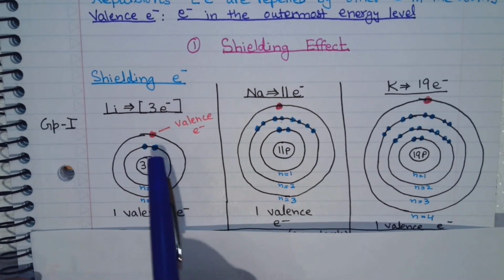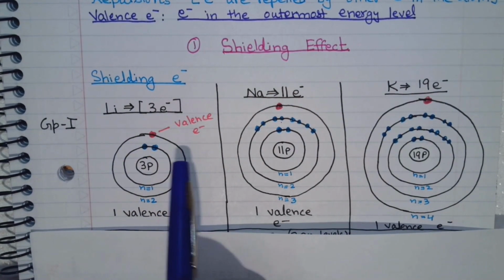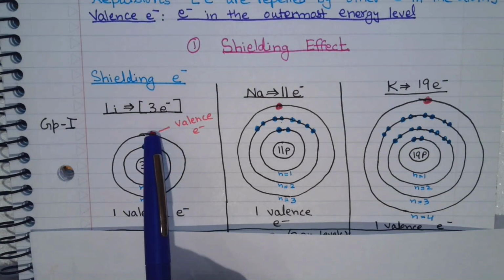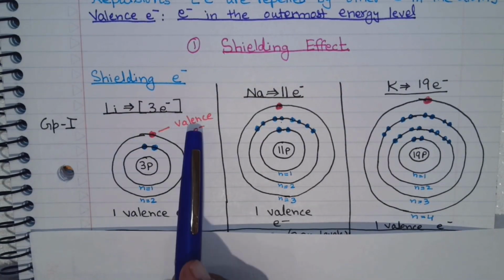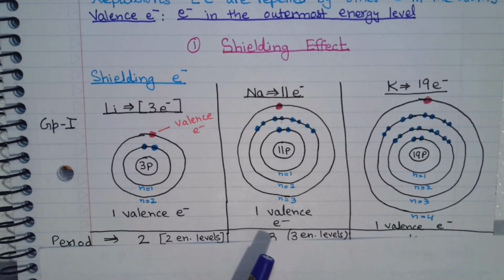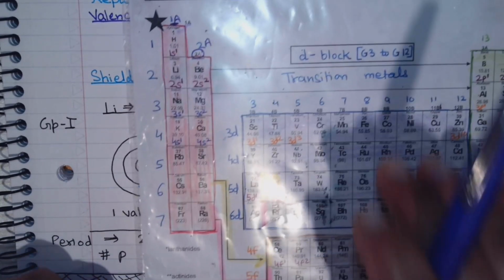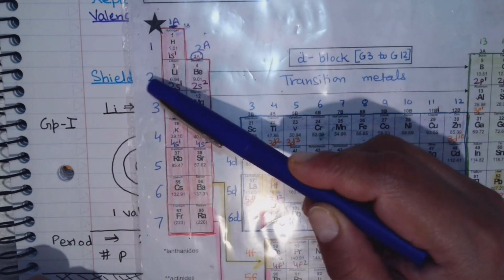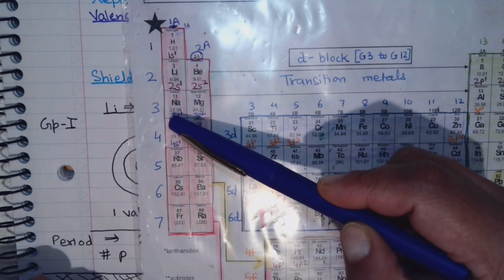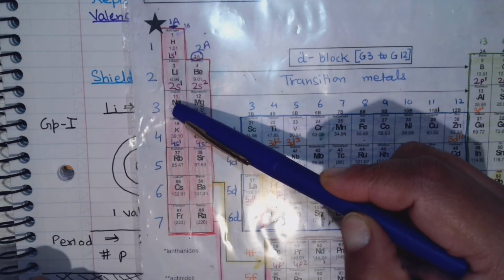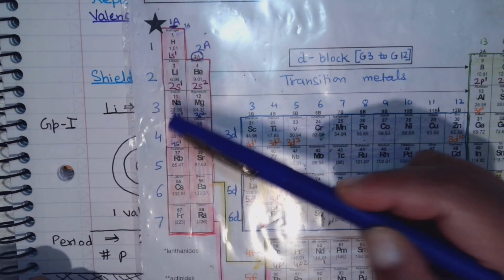I have drawn the number of energy levels and shown the valence electrons in red. If we look at the periodic table, lithium is in period 2, sodium is in period 3, and potassium is in period 4.